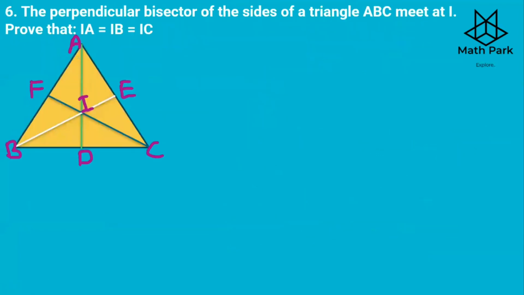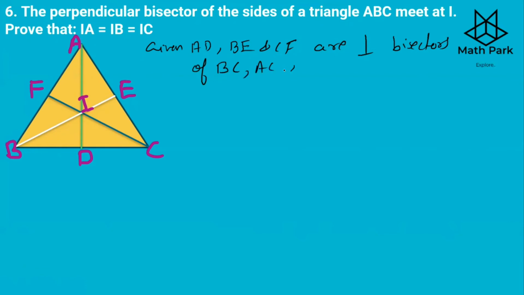In question number 6, the perpendicular bisectors of the sides of the triangle ABC meet at I. Prove that IA is equal to IB is equal to IC. So what is given here? You are given AD, BE and CF are perpendicular bisectors of BC, AC, and AB respectively.